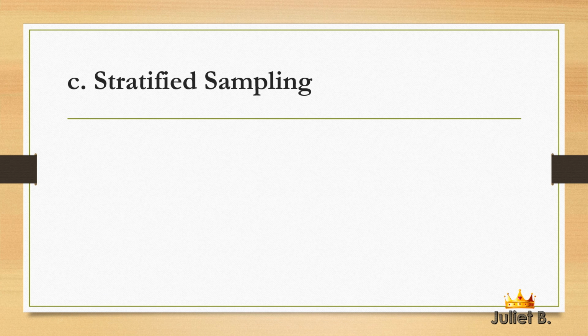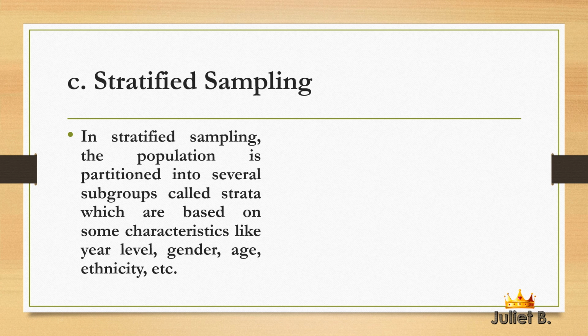Ikatatlo nating random sampling ay stratified sampling. Ito naman, the population is partitioned into several subgroups called strata, which are based on some characteristics like fear level, gender, age, ethnicity, etc. So, i-group mo lang sila according to their characteristics.